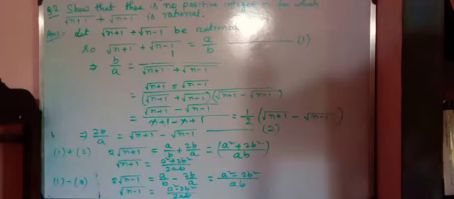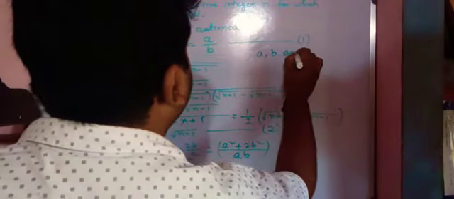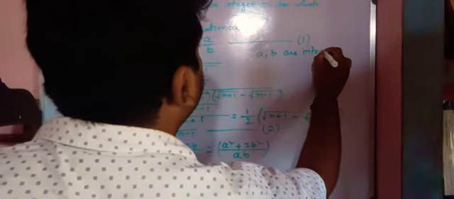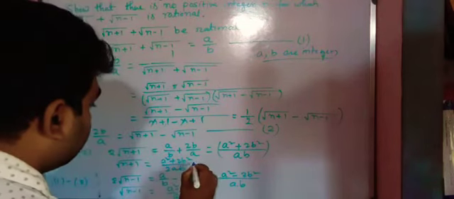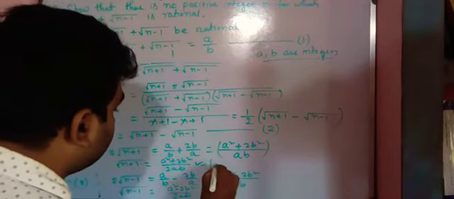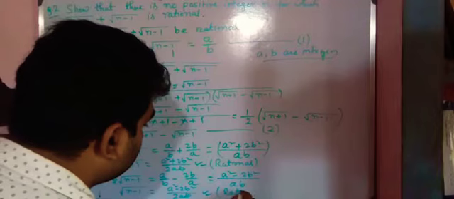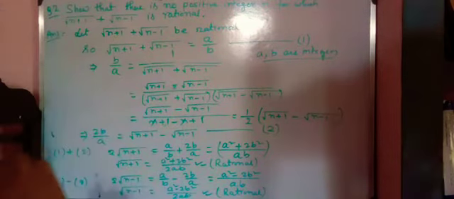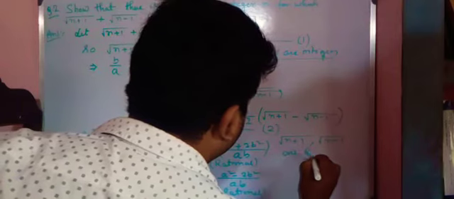Okay, so since a and b are integers, we can easily tell that these two numbers are rational. So that's implying these are rational.